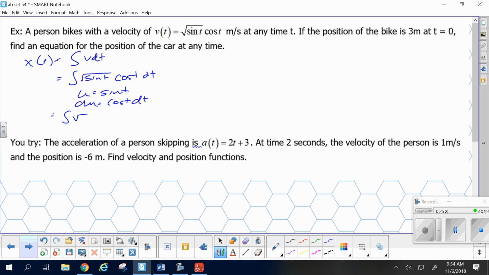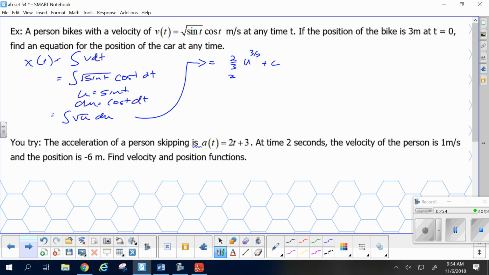It's just straight up the square root of u du. Or think u to the 1/2. What's the power rule antiderivative of u to the 1/2? Raise it by 1. So 2/3 u to the 3/2 plus c.